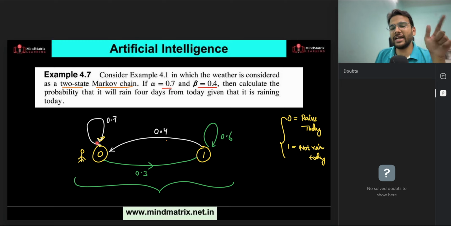So these transitions are nothing but the probabilities from the current state to the next state. Is this clear to all of you, how the transitions are happening?